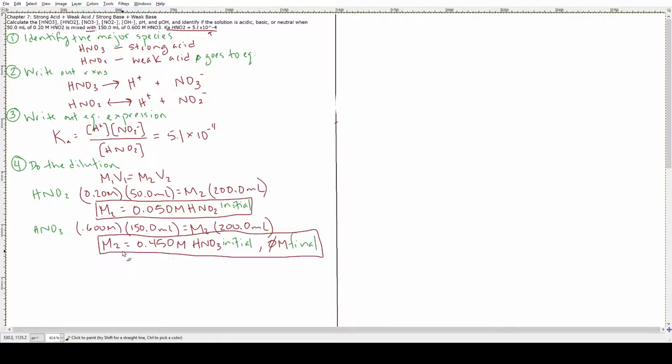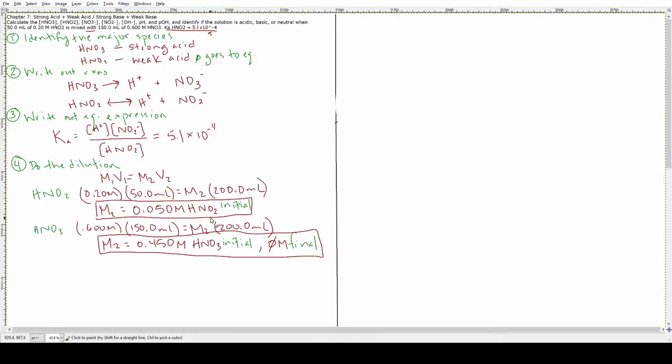Drawing boxes is fun. Okay, now, as far as figuring out the concentrations of the hydrogen ions for our nitrous acid, can we figure out the concentration of our hydrogen ions yet? The answer is no, because we don't know how much nitrous acid there is at the end, so we don't know how many hydrogens are released.